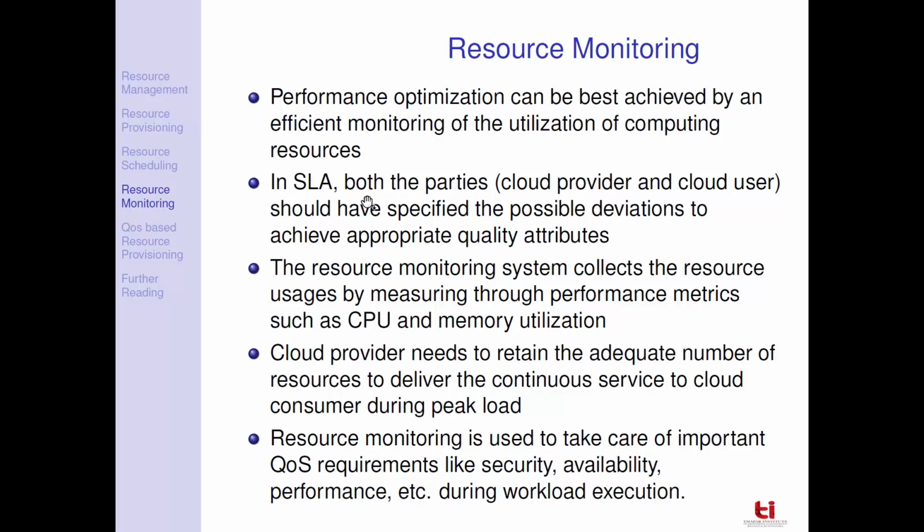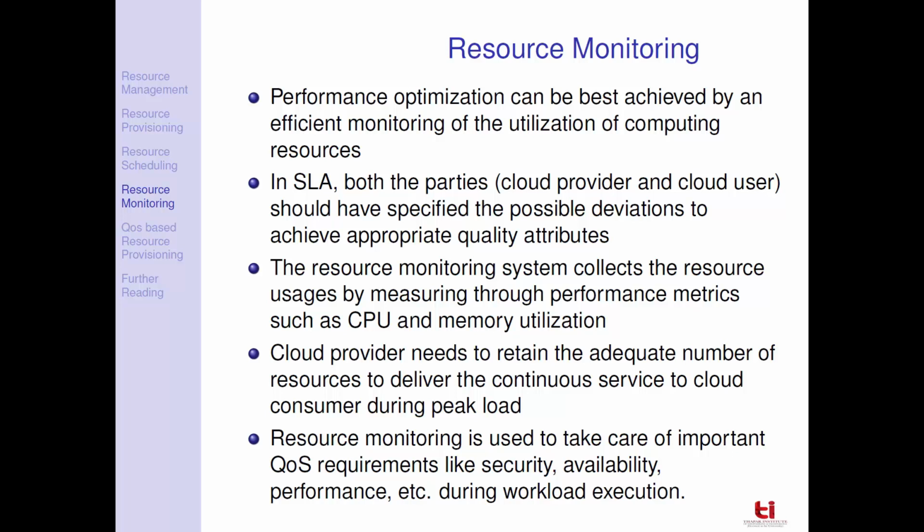In the service level agreement, both parties, that is the cloud provider and the cloud user, specify how many times or how much deviation can be there if there is any possible deviation.